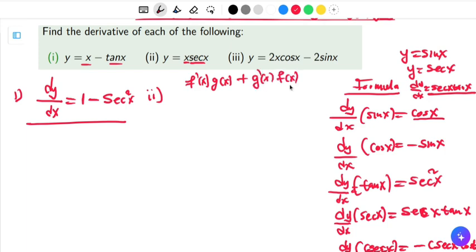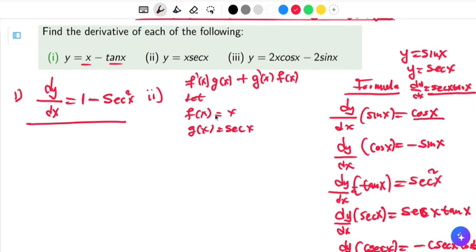So what I mean is, we have these two functions. We can label them by saying let f of x be equal to x, and then g of x be equal to sec x. So by using this formula, since we are multiplying these functions, we need to use the product rule. So we need to find the f prime.